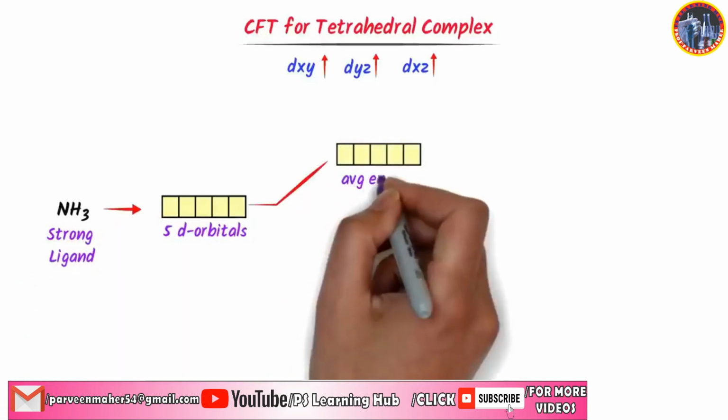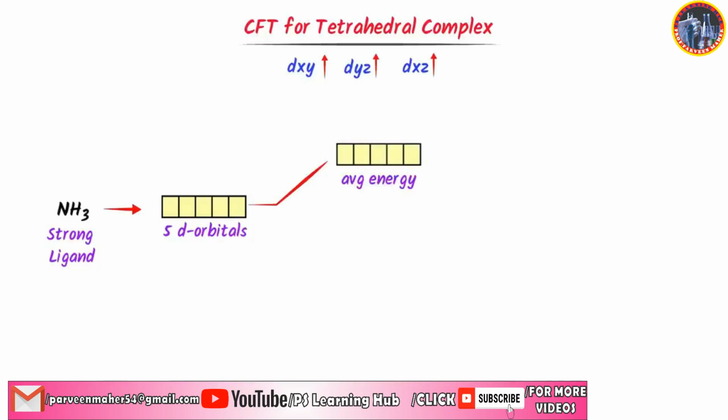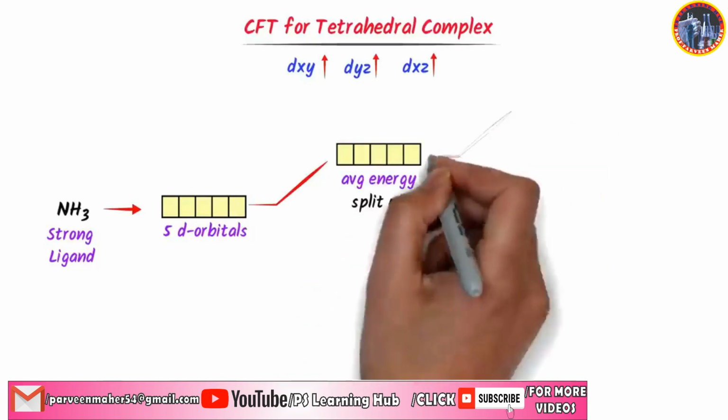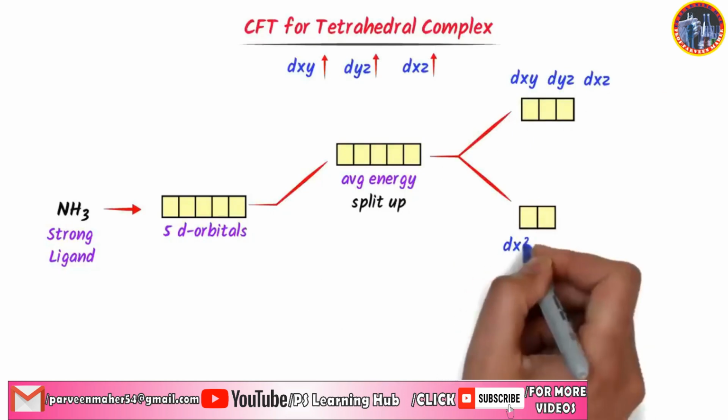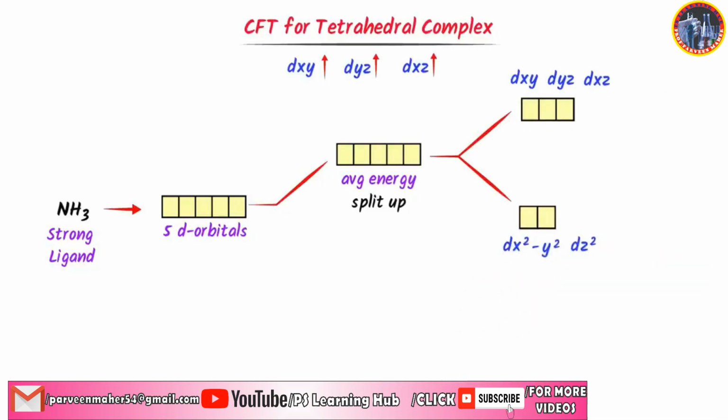Their average energy increases. After interaction, these orbitals split into 2 sets. The energy of dxy, dyz and dxz increases, while that of dx squared minus y squared and dz squared decreases. This set is T2g and this set is Eg.